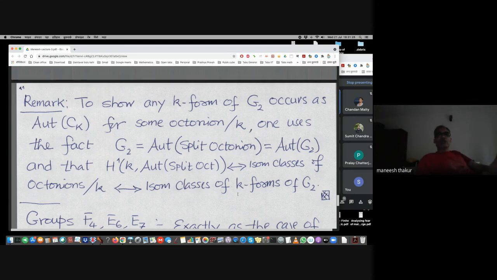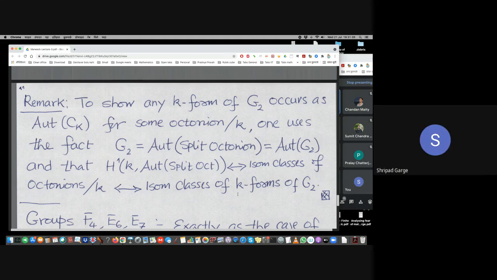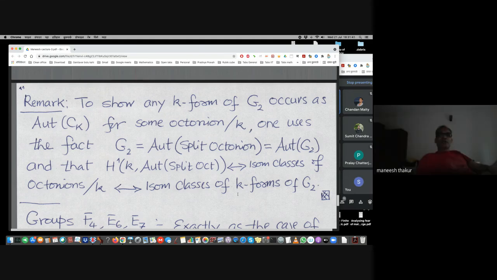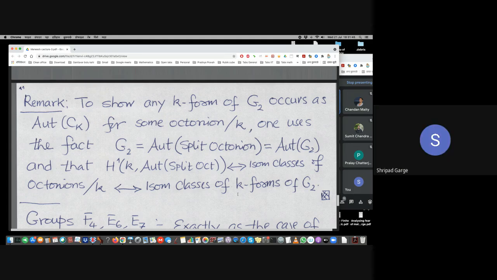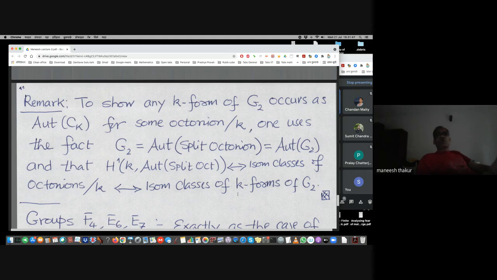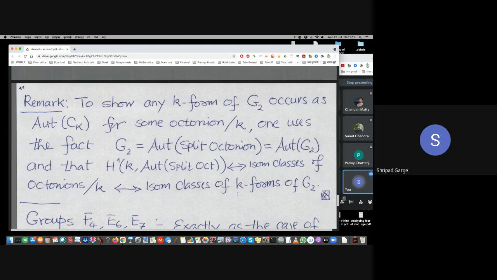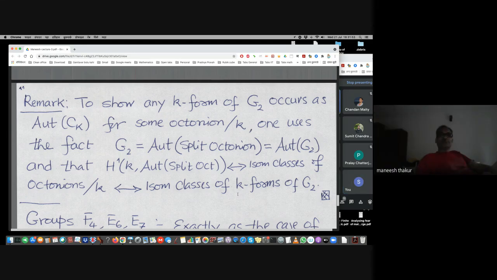So I have a cocycle in automorphisms of split octonion, and the action I can transfer here to twist the split octonion by that Galois action. So I am taking fixed points in this automorphism group by the new action. It will result in automorphisms of some algebra over K. And that is the octonion we wanted.